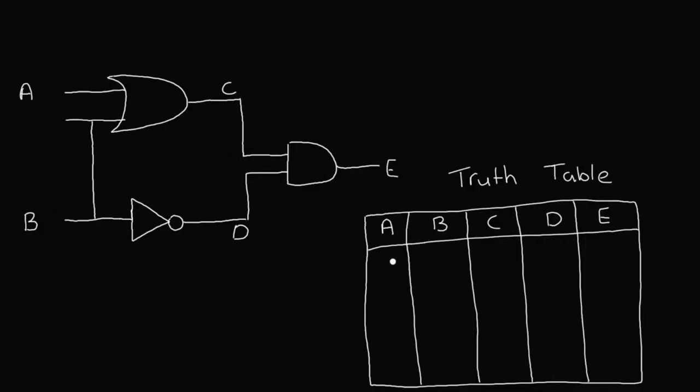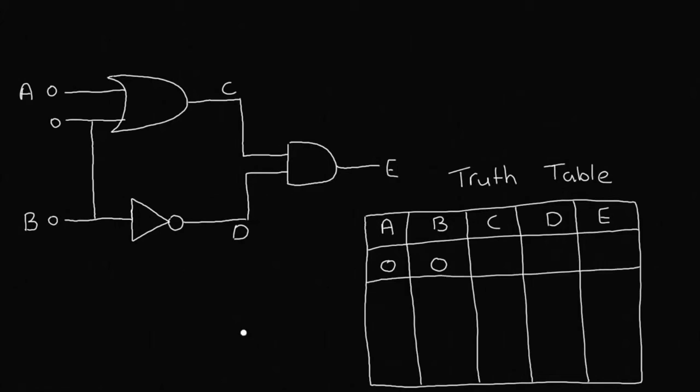For example, we might be given the value 0 for A and the value 0 for B, which would mean we start off here with our inputs being 0, and B's input is also going to be 0. And from this we can figure out the other three values.